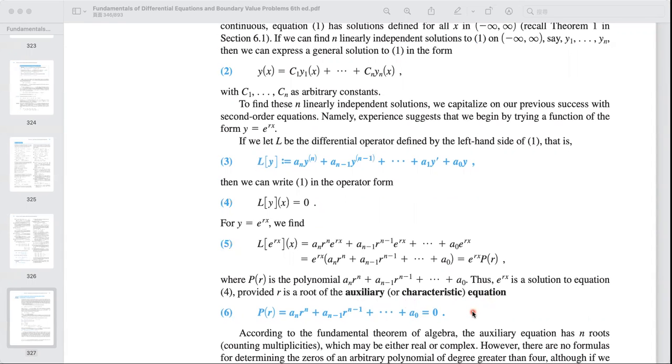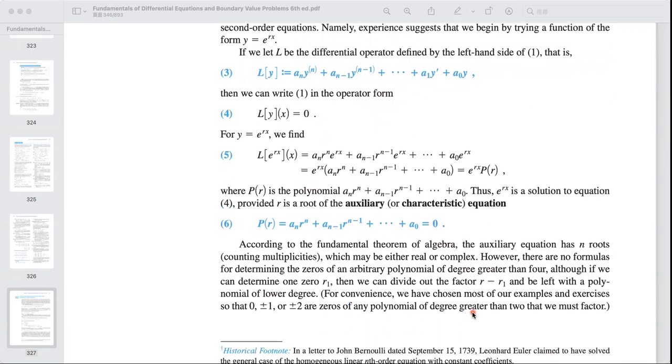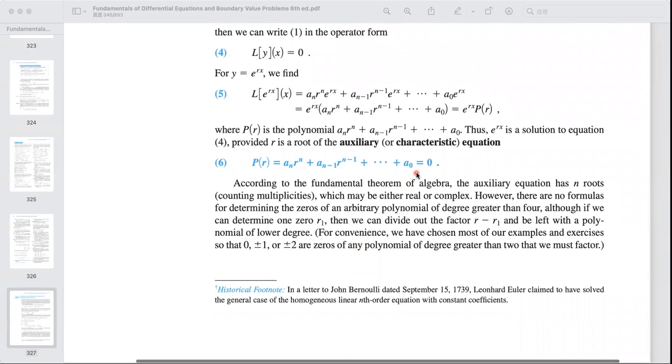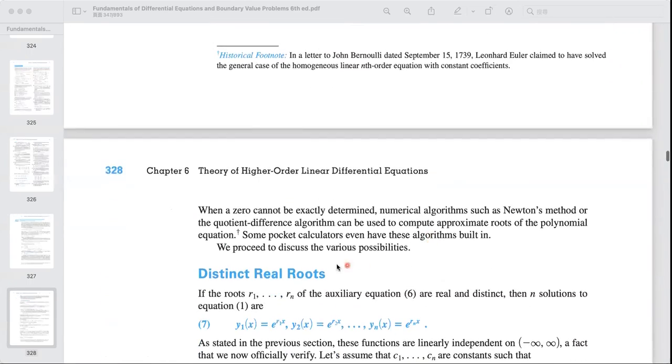Think of the n equal to 2 case. You will understand that very easily. So the following will come to solving these equations. We have the following 3 situations as before. First, all the roots are distinct real roots.